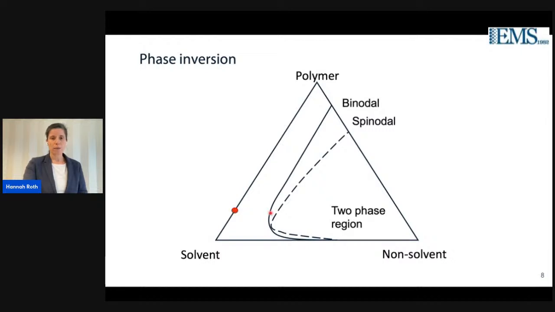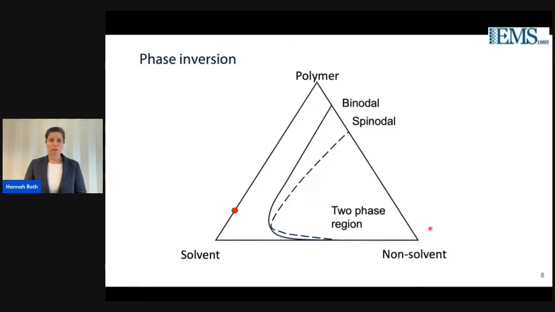But passing through the binodal and then the spinodal brings us into a two-phase region where the system separates into two in-equilibrium phases, and then by further washing out the solvent, we end up on the other side of the ternary phase diagram, where we have only polymer and non-solvent present, and our polymer is then present in a porous structure where the pores are filled with the non-solvent.